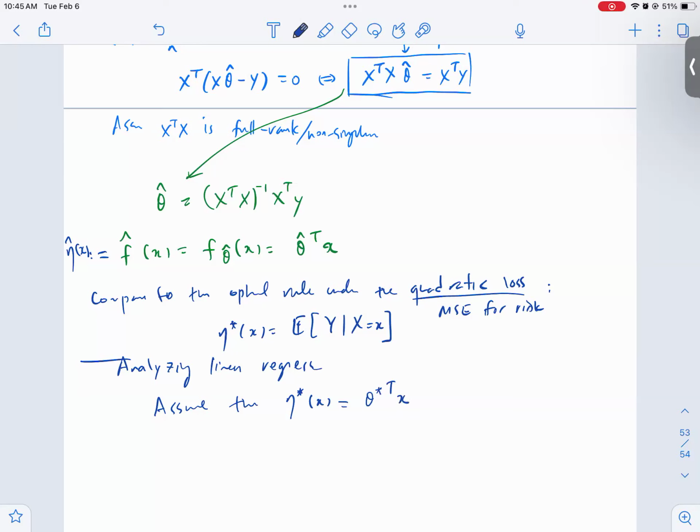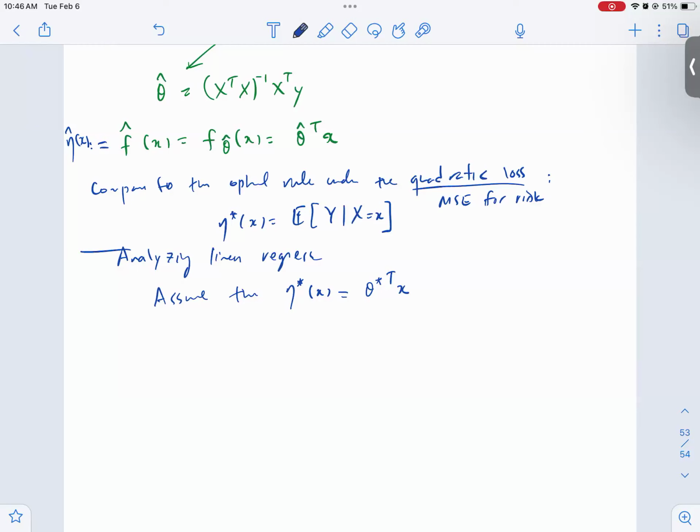If I actually know that eta star is linear, then what I did is a very good estimator because I'm looking within the same parametric class. It's a strong assumption, but with this assumption, we can do a simple analysis.